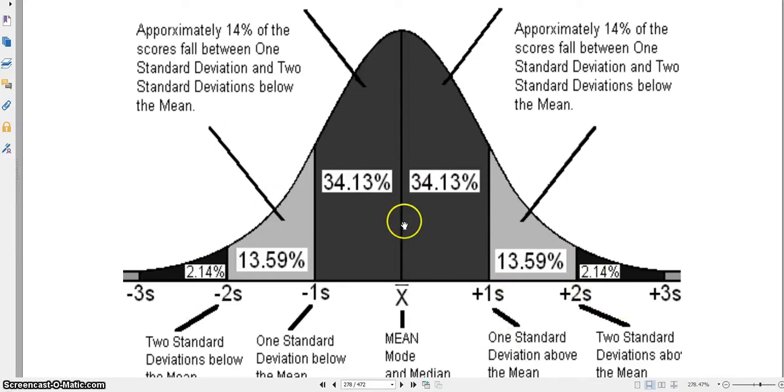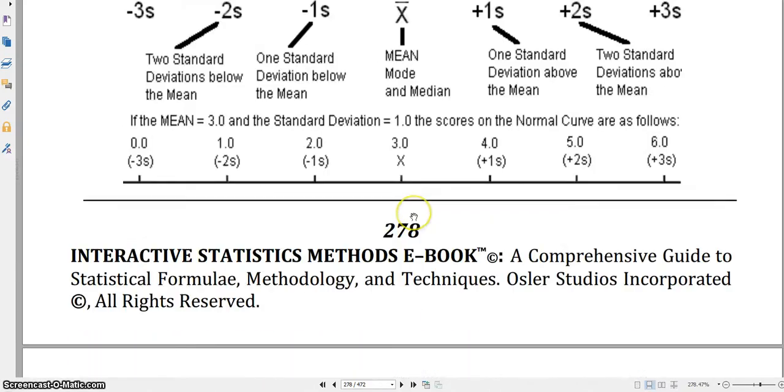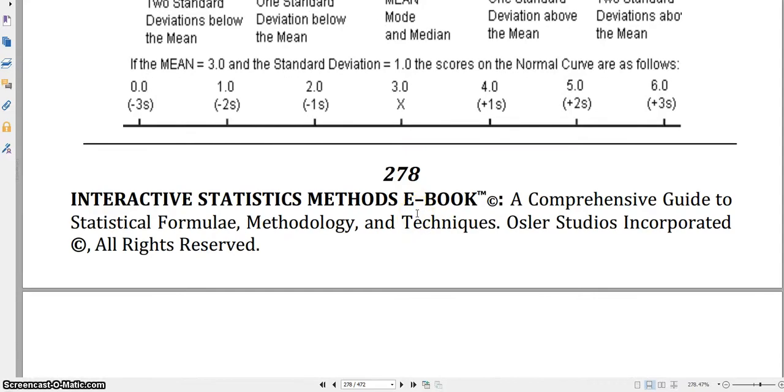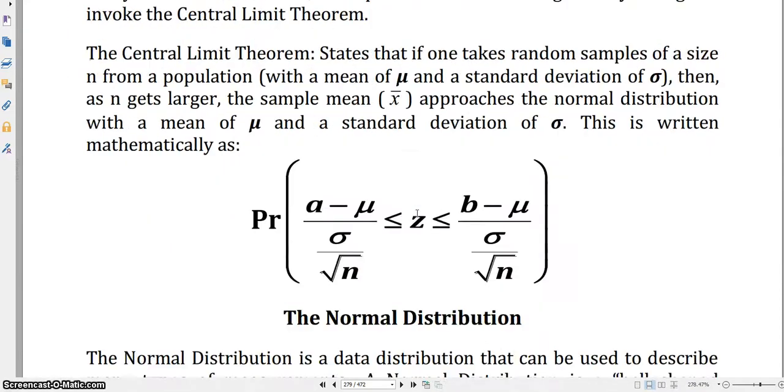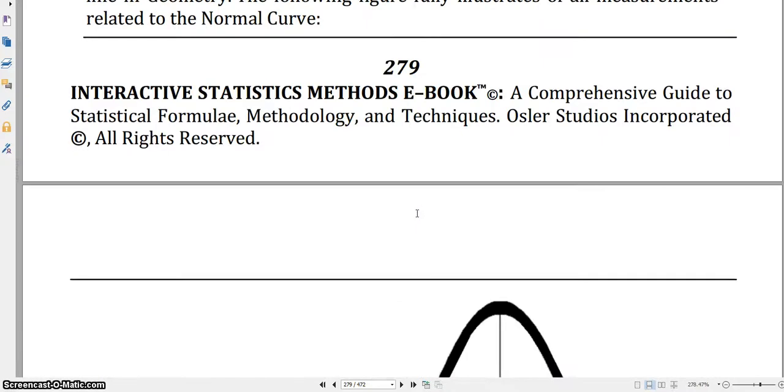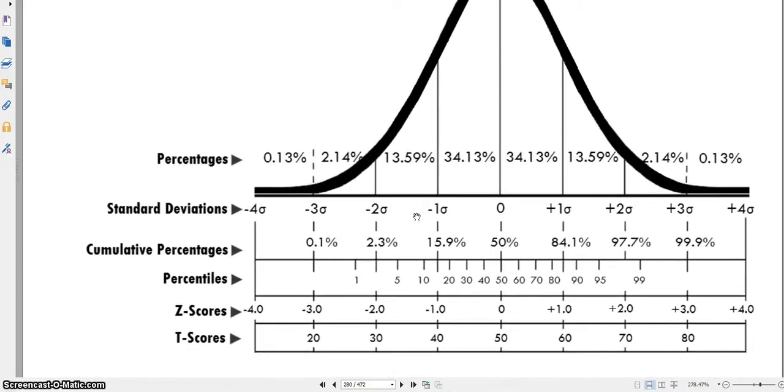Now when you're actually given a standard normal test, you're able to see how these probabilities break down. So I want to show you here percentages of where the scores fall. It's a great chart here. Your standard deviations are here.